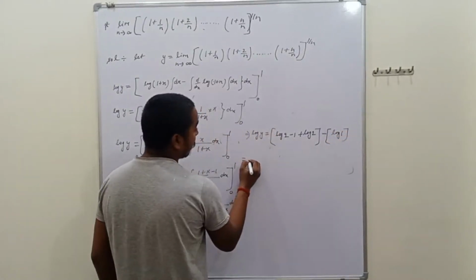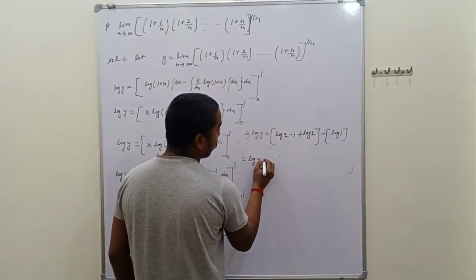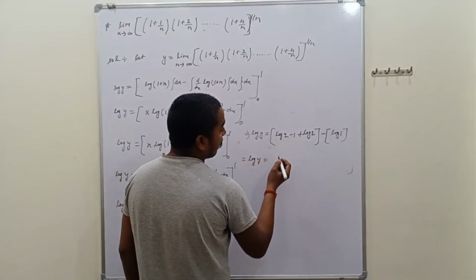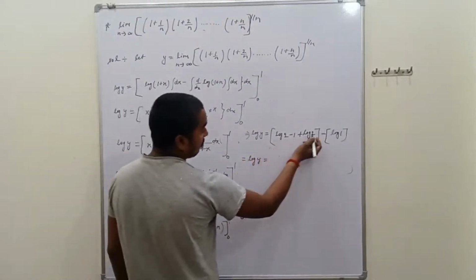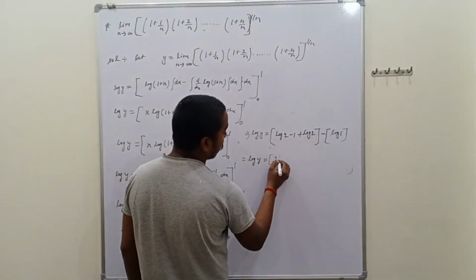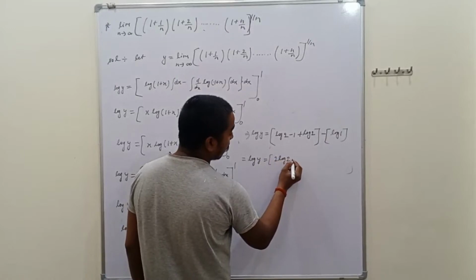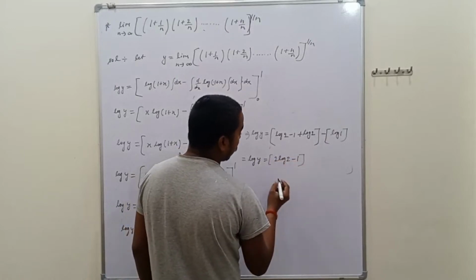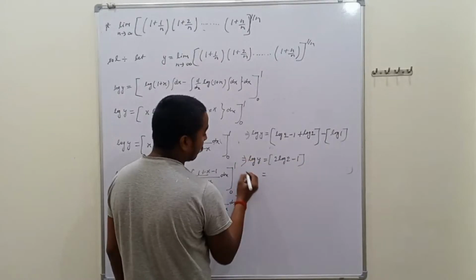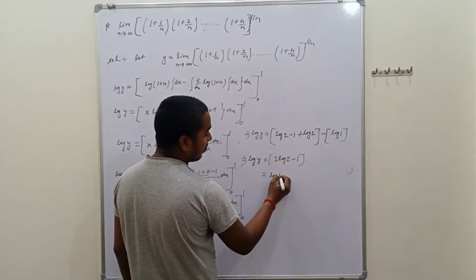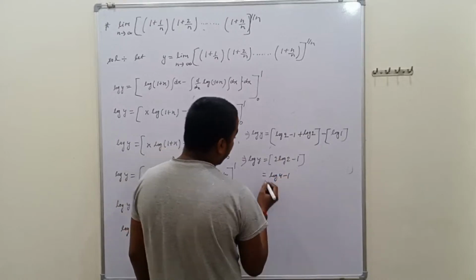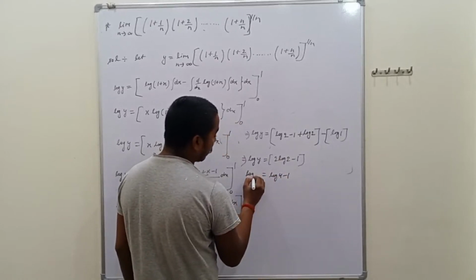Then further log y is equal to, once again, log 2 plus log 2 is 2 log 2 minus 1, and we can also write log of 2 to the power 2, that is log 4 minus 1, and here is log y.